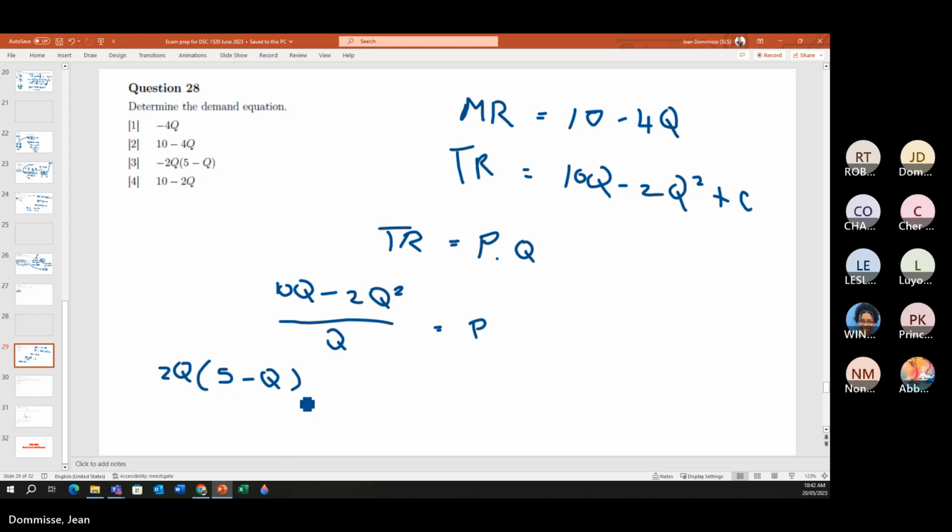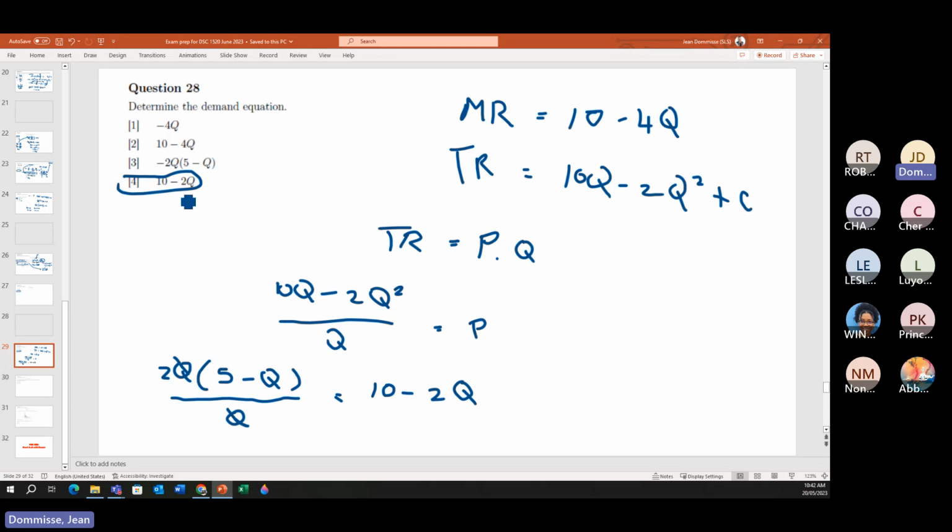Hmm, okay. So 2, 5 minus Q. Okay, they didn't do that. They didn't take out the 5 as well. So we just sit with this. Interesting that they didn't take out the 2. I thought they would have done it like that.